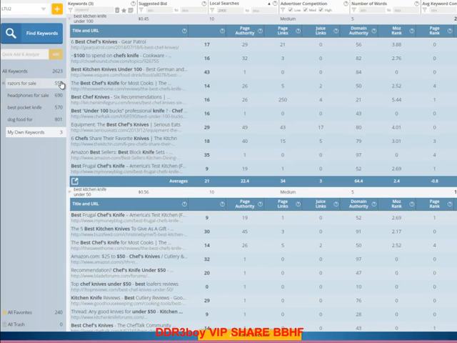But what I hopefully have shown you is the type of SERPs that you want to see, the type of top 10 results that you do want to see that have weak types of sites, that have very low keyword competitiveness, that certainly as you write an article about these very, very low competition keywords, you're going to rank quicker.